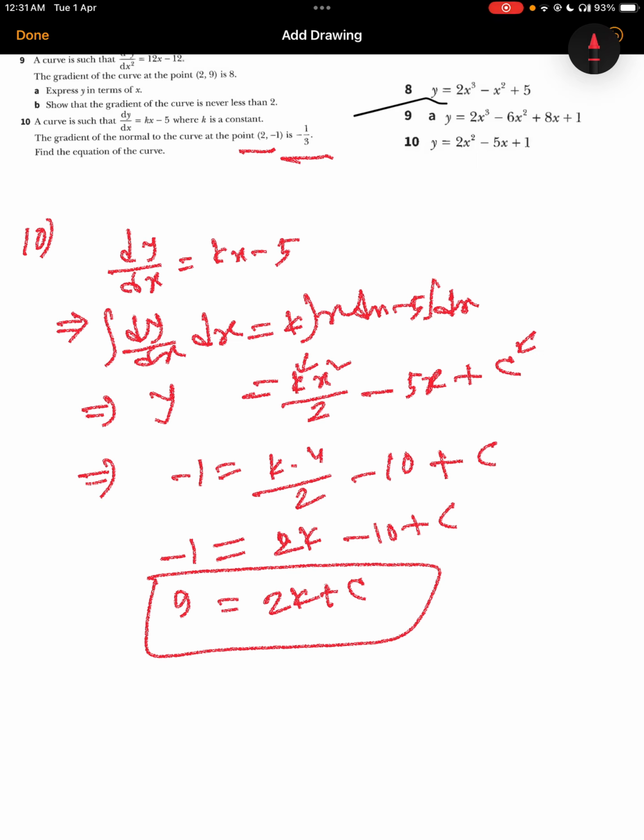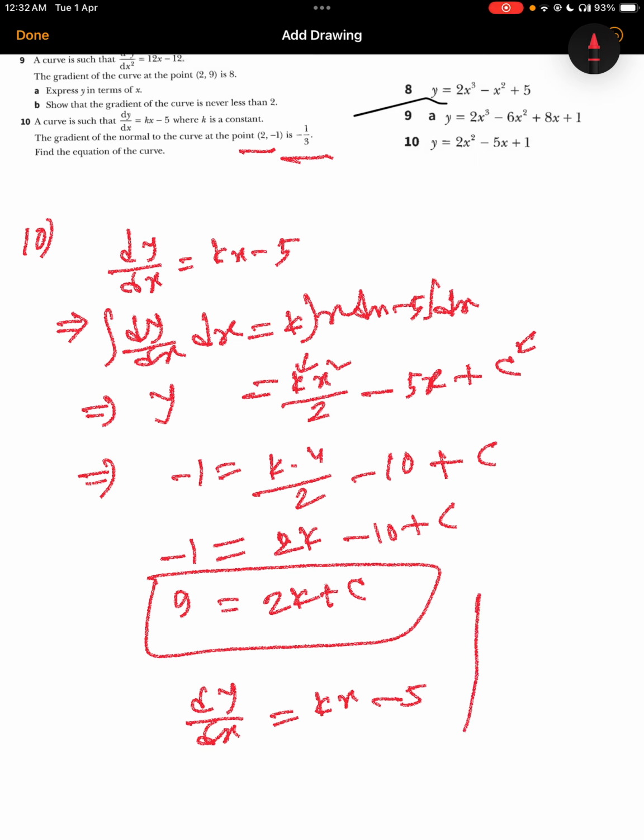Now the gradient of the normal of the curve, while dy/dx is kx - 5, is actually the tangent, right?